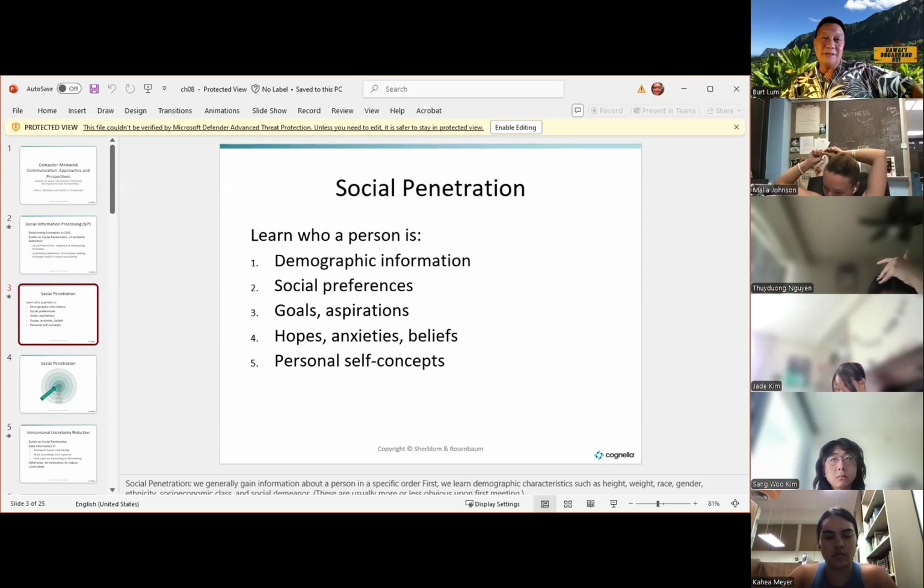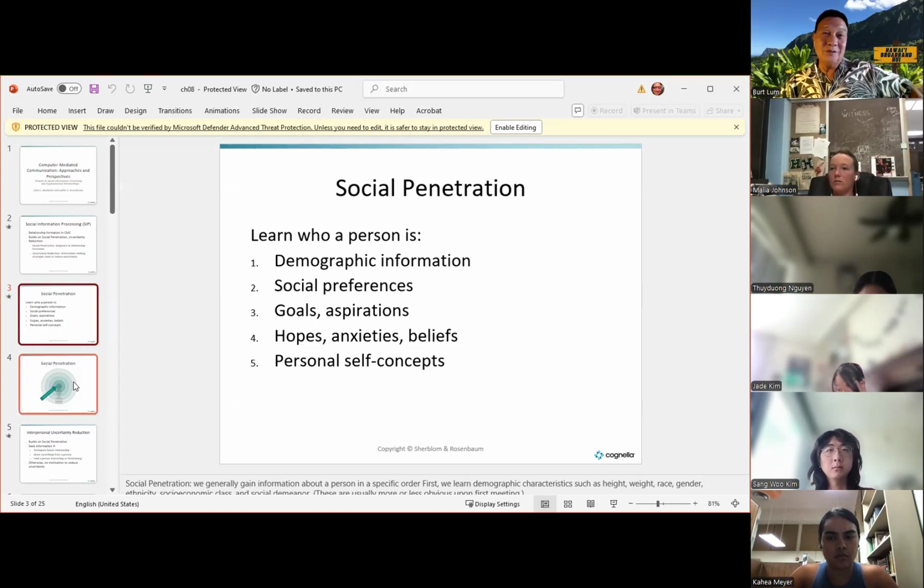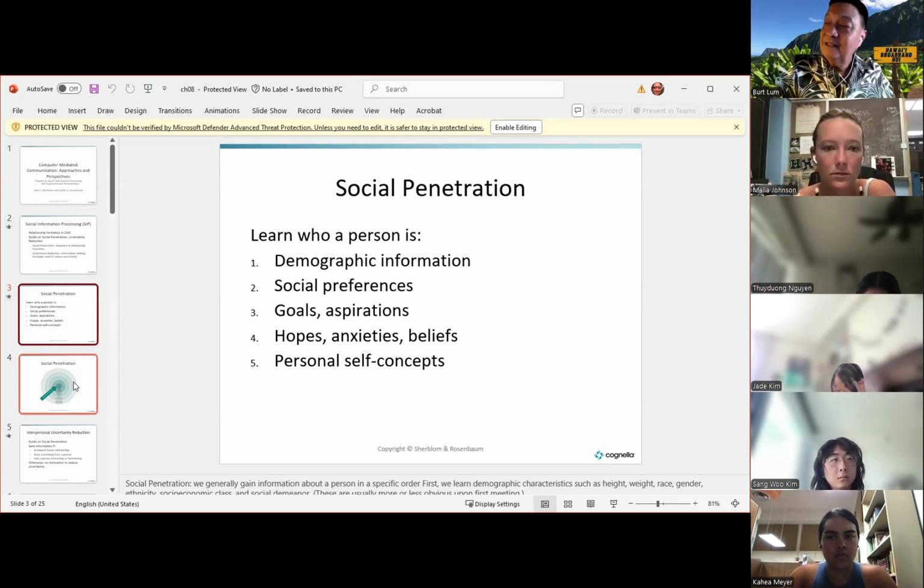We're talking about it in this lecture, but this idea of social penetration really takes time, and the time window depends. It depends on how frequently you might meet, what the geographic span is, what project you might be working on, what relationship is potentially developing. This could be weeks, months, or years.